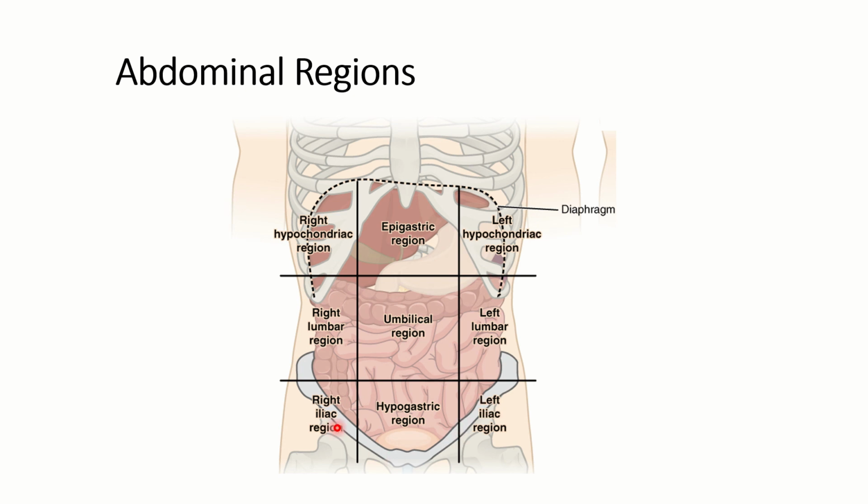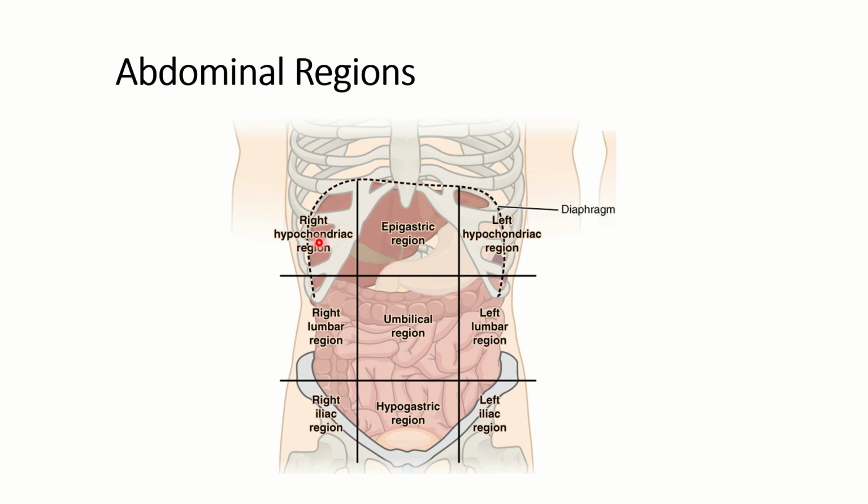These are the inguinal ligaments. And then you have 2 other lines here that are perpendicular to that. So you have the epigastric region, and here you have part of the liver, the stomach, part of the pancreas, and part of the gallbladder.